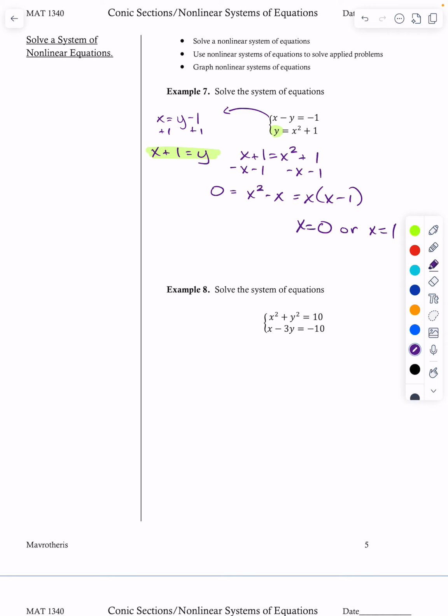So when x equals 0, y equals 1. Then I'm going to go ahead and do this again with the x equals 1. When x equals 1, y equals 2.